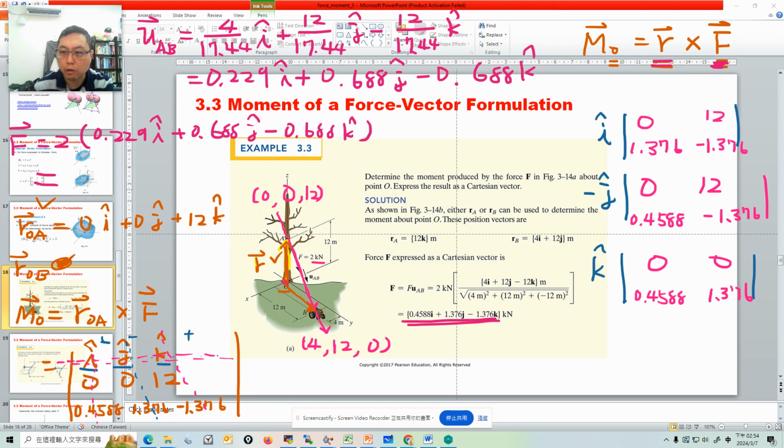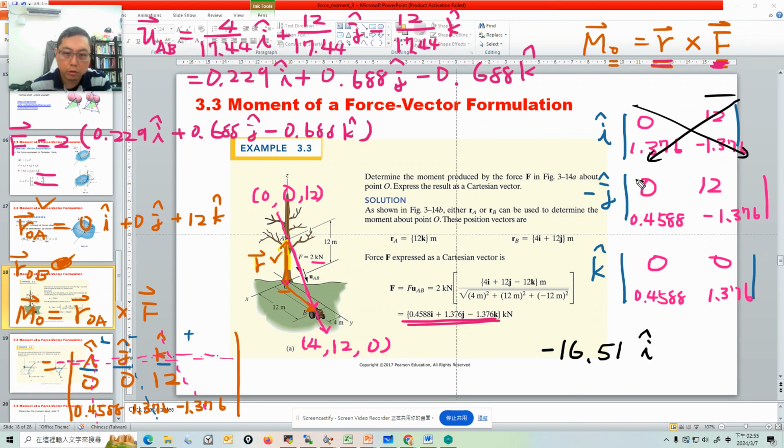The 2 by 2 determinant is very easy. Let's see the result. Doing this product minus that product, it will be 12 times 1.376, but it's minus, so it's minus 16.51i.